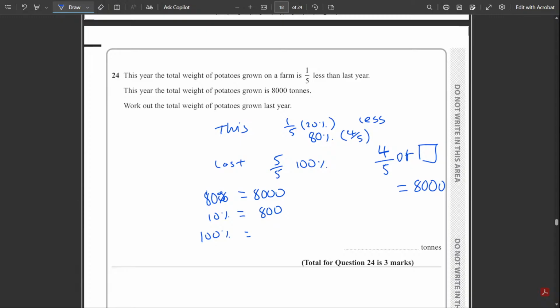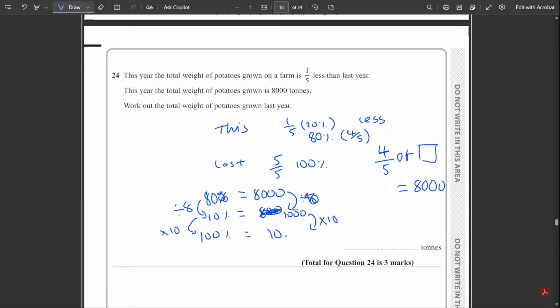no, I got that wrong, sorry. Divided by 8 to get 10%. So dividing that by 8, not 10, it gives you 1,000. Okay, so the 100% would be 10 times that, so we times that by 10 as well.